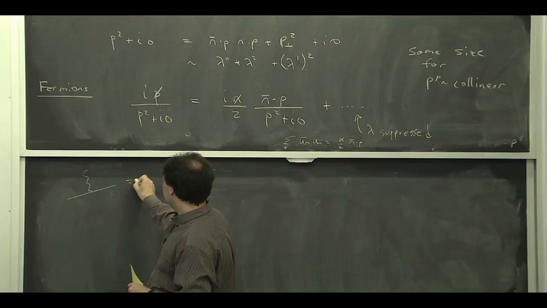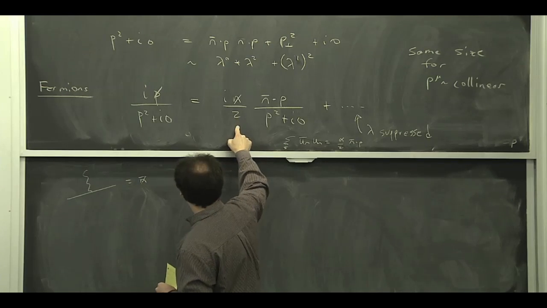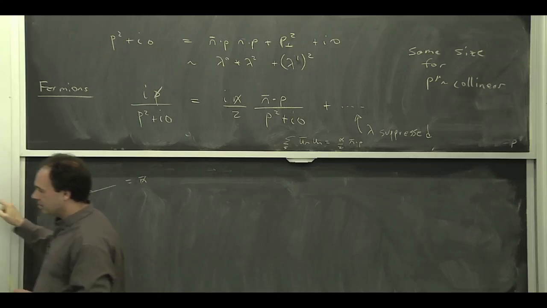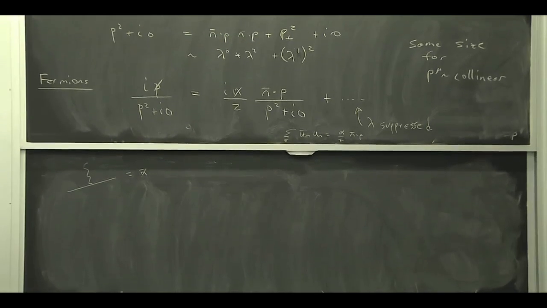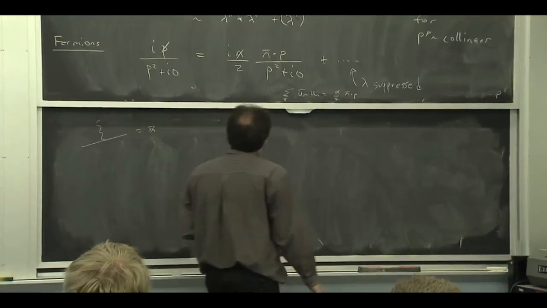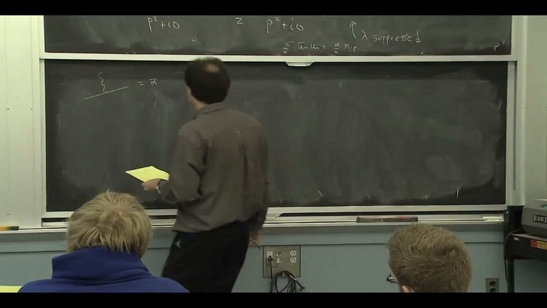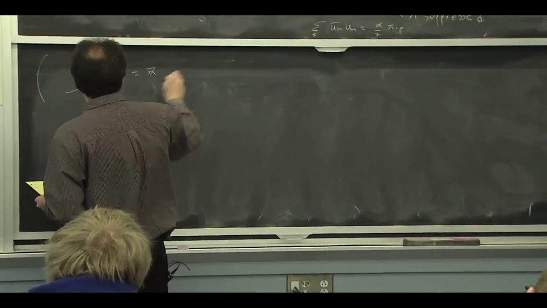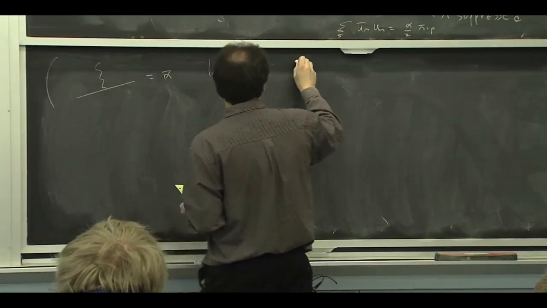And that's going to go like n bar slash. OK, so what happens is you have n slash and n bar slash, and that gives you the projector, which then overlaps order 1 with the spinor. Yeah, well, that's a good question. Later. But that's a good point.